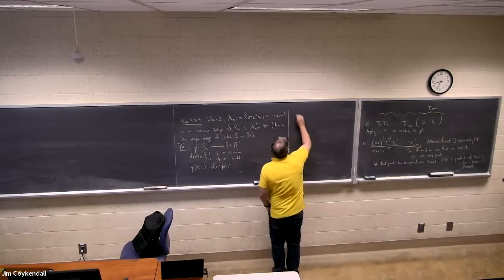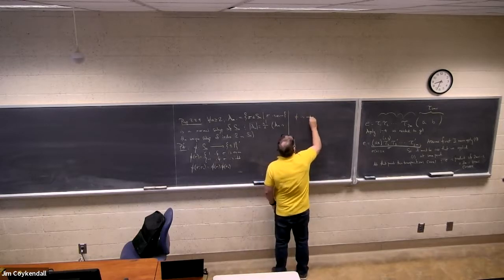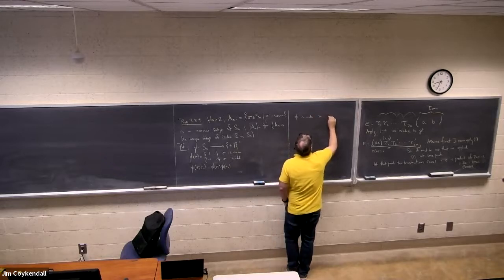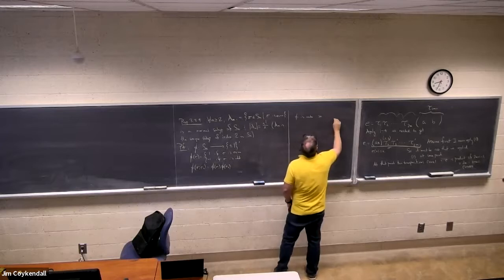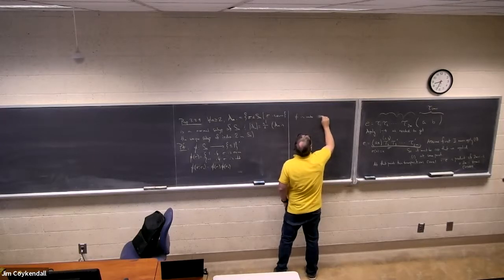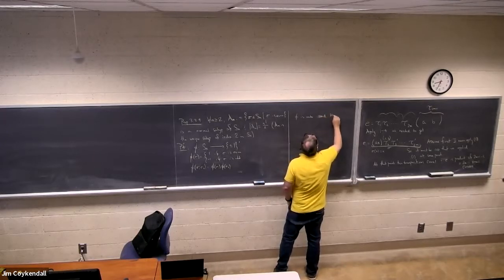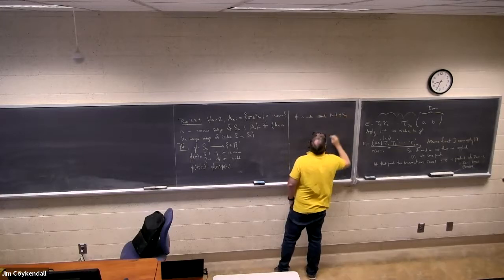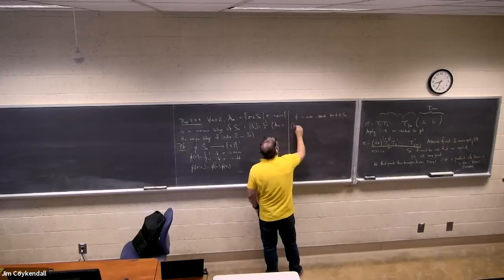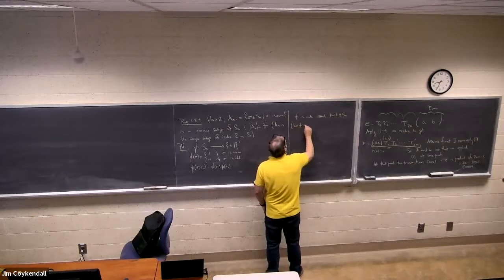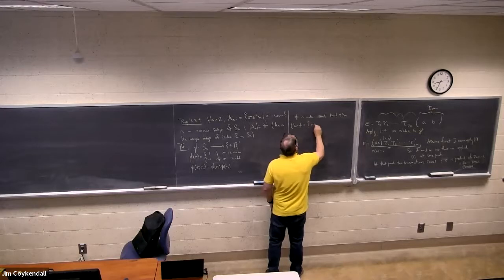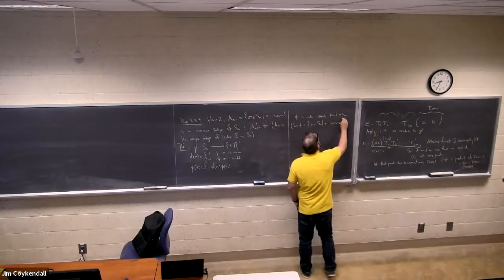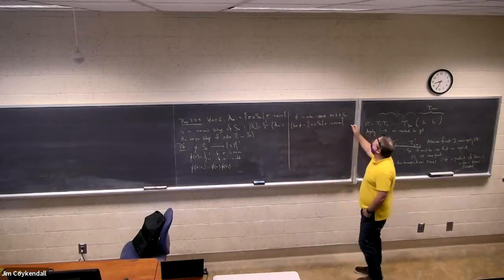Notice that phi is onto. And so the kernel of phi is normal in Sn. And the kernel of phi is, of course, the set of sigma in Sn for which sigma is even, which is An.